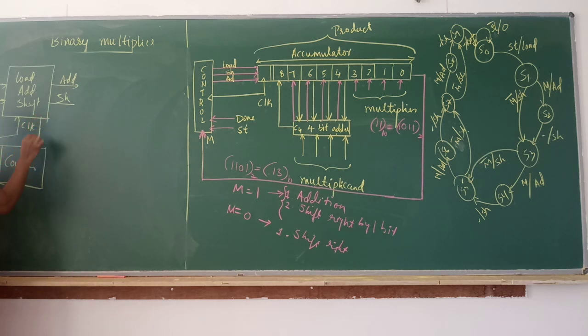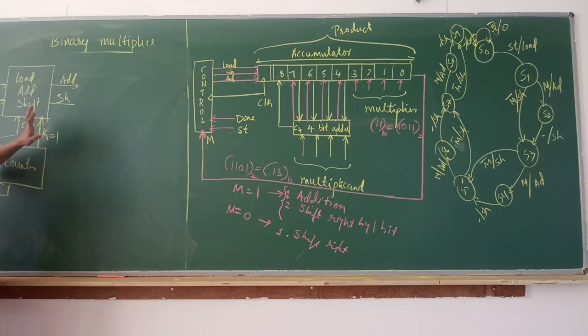We will take the output of the counter as k. If k is 0, the process should run. It should continue. Once the k value becomes 1, it should stop. It is just like a done signal to the control unit. So if the number of bits are more, then we need a counter to keep a count on the number of shift signals that are out from the control unit.